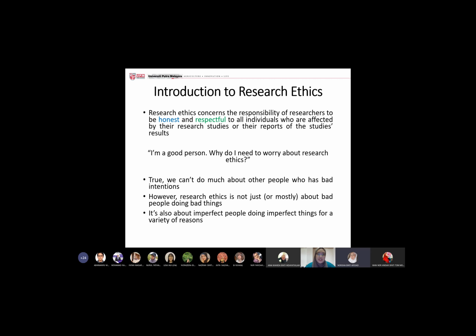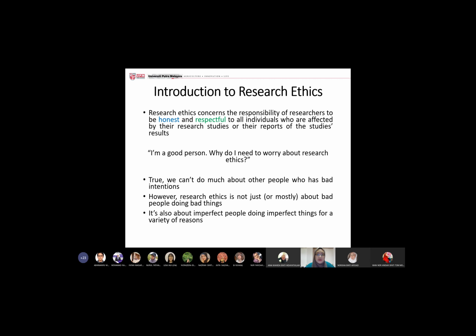So as an introduction, research ethics actually is a concern to researchers, to everyone actually, because you yourself as individuals, with your interaction with other people, you always have to be honest, you have to be respectful. Okay, so in the context of research, this is also applicable.